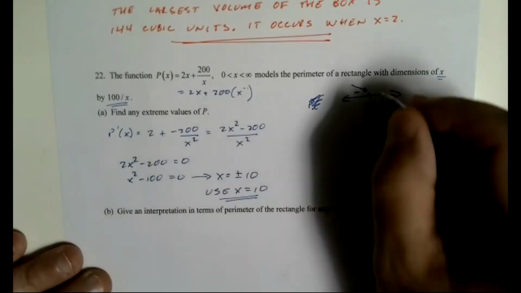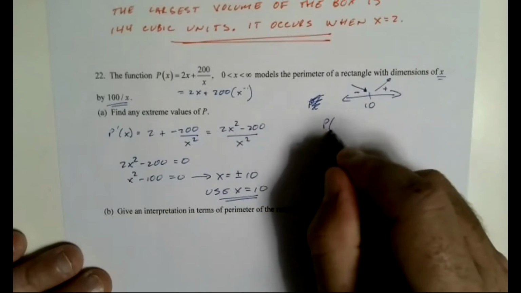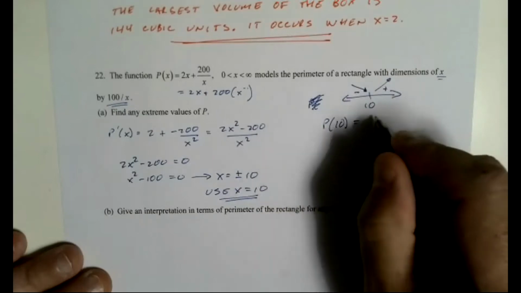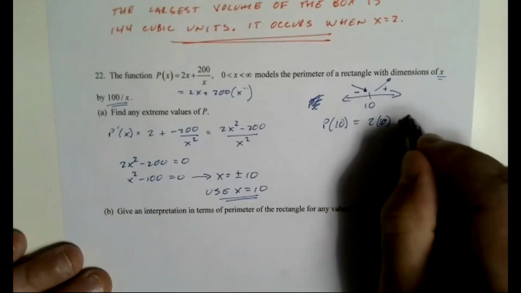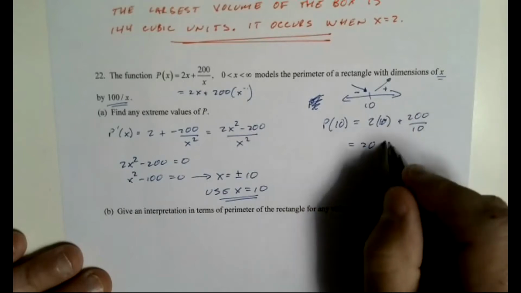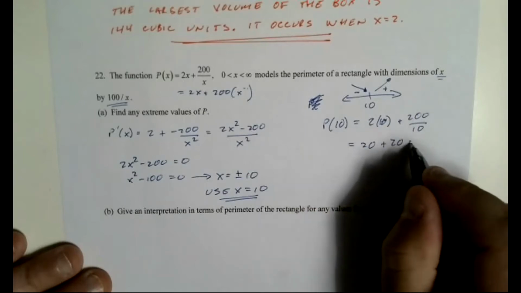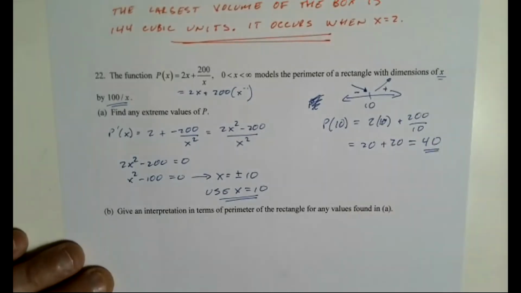And that's basically just 2. The P of 10 equals 2 times 10 plus 200 over 10 equals 20 plus 20 equals 40. All right, what does that mean?